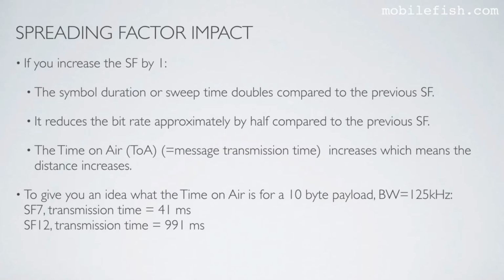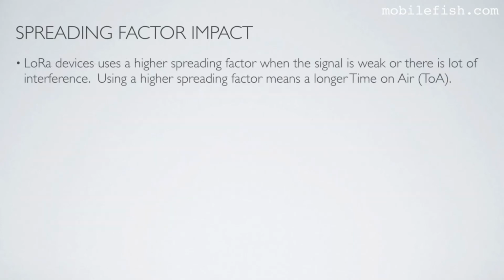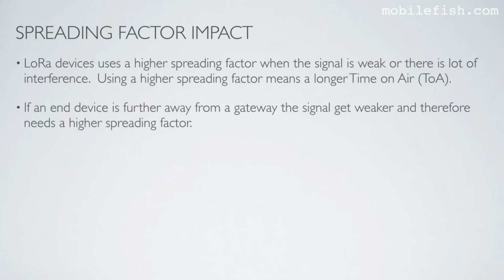But if the spreading factor is 12, the transmission time is 991 milliseconds. LoRa devices use a higher spreading factor when the signal is weak or there is a lot of interference. Using a higher spreading factor means a longer time on air. If an end device is further away from a gateway, the signal gets weaker and therefore needs a higher spreading factor.